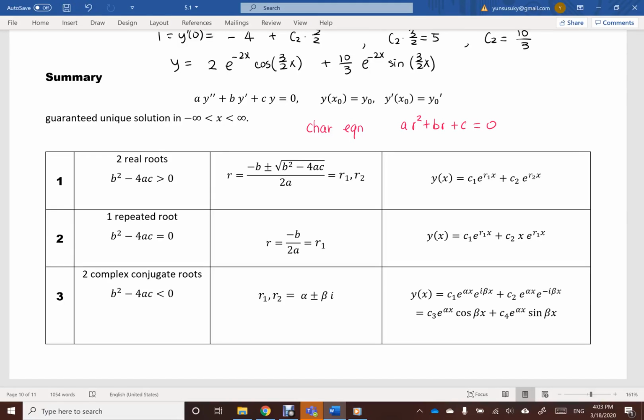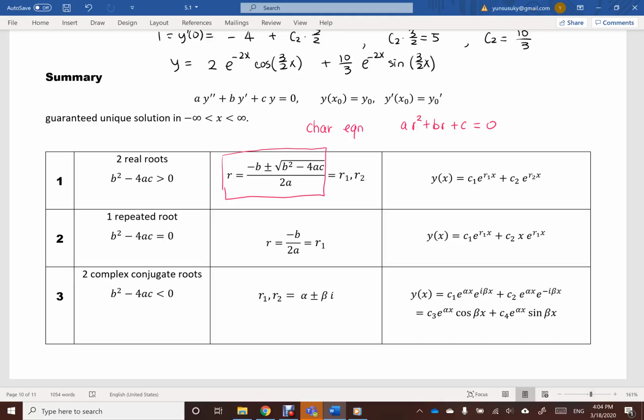And then you want to solve for r. For r, we have the quadratic formula. And then depending on the discriminant, we have three cases: 2 distinct real roots, 1 repeated real root, 2 complex conjugate roots.